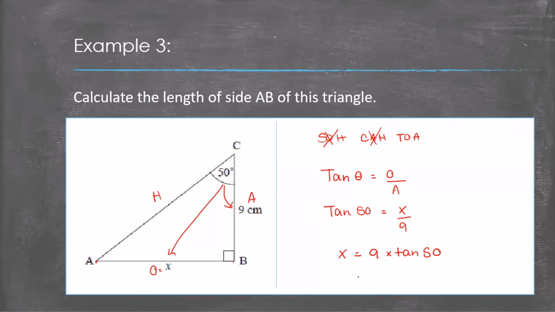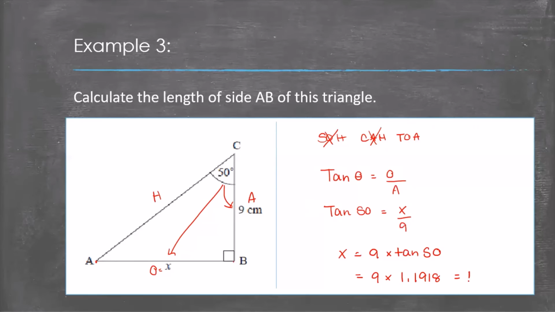So you want to put that into your calculator. So tan of 50, and we're going to get 9 times 1.1918. And again, I'm keeping all the decimals in my calculator, so there might be a slight rounding difference if you type it in again.